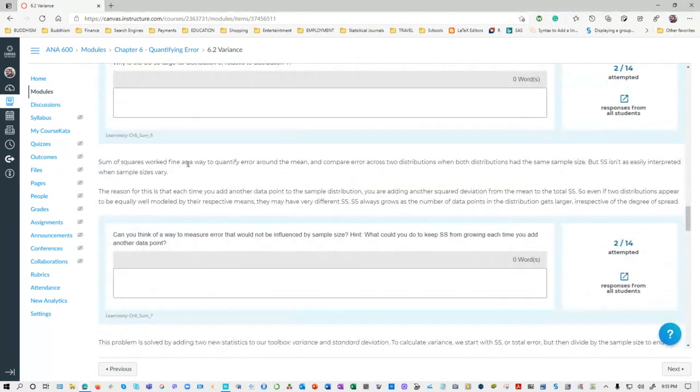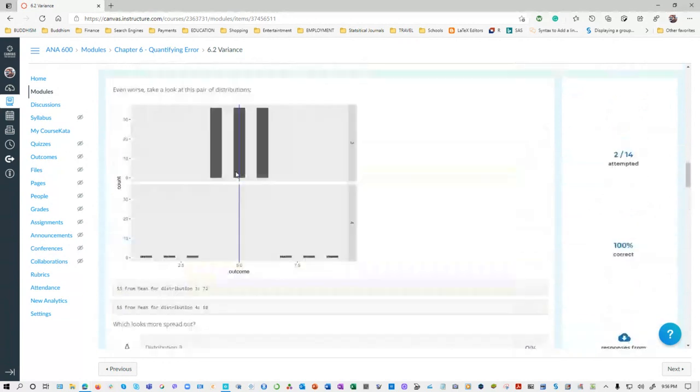See, sum of squares worked fine as a way to quantify error around the mean. The sum of squared error or sum of squared residual is the best way to quantify error around the mean and compare error across two distributions when both distributions had the same sample size. See? Same sample size.